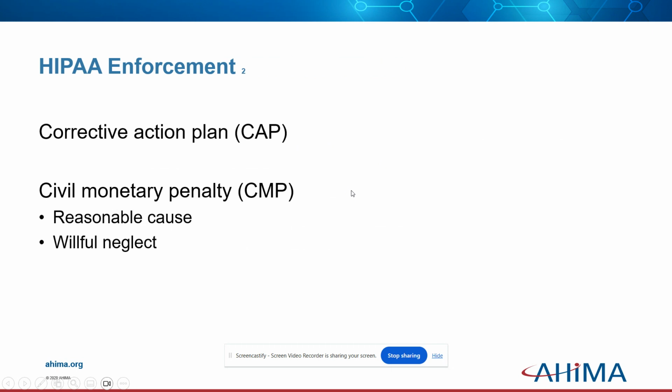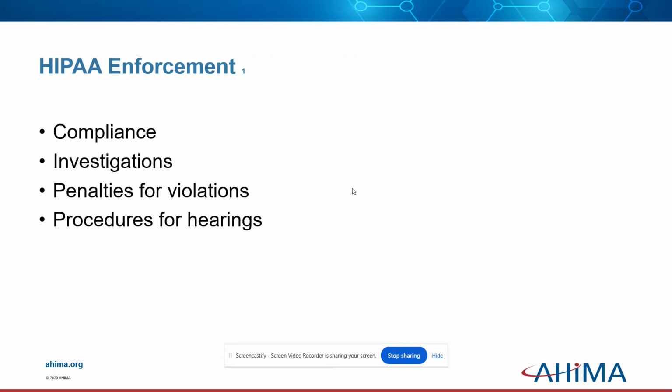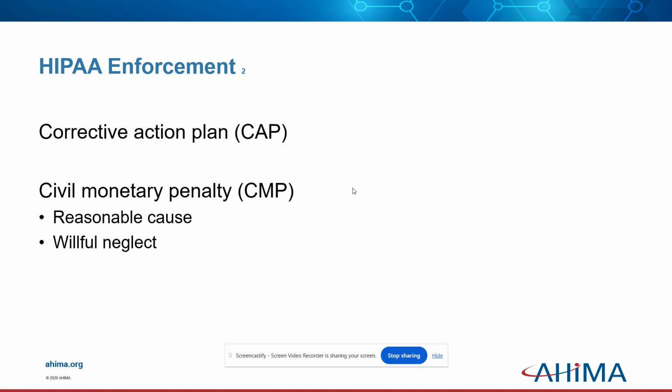At which point, based upon those hearings and/or those penalties, an organization or business associate may be placed in a corrective action plan and/or may be faced with civil monetary penalties, specifically in reasonable cause or willful neglect instances.